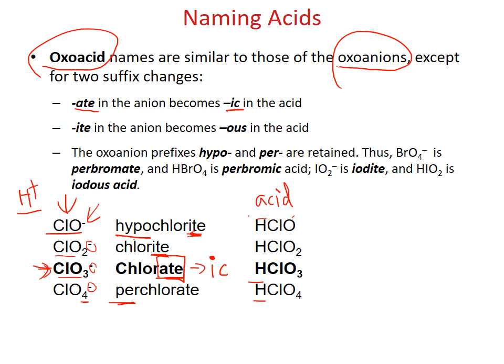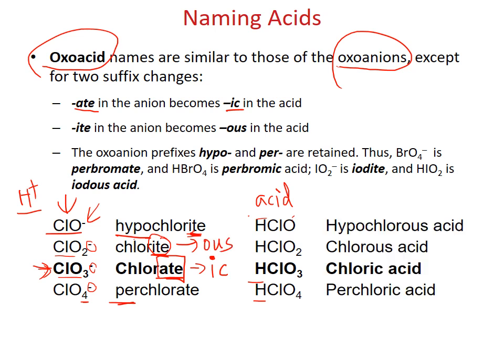Now ITE becomes OUS. So here are the names. This one becomes chloric acid. Note ic, because this is ATE, so it's chloric acid. Now this is chlorite, so it becomes chlorous acid.